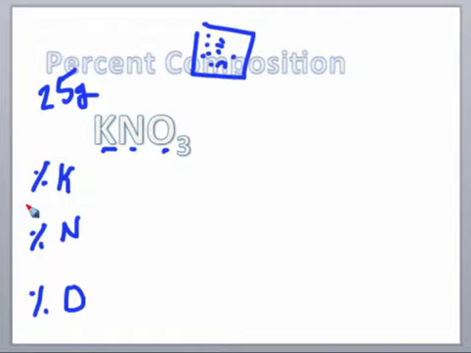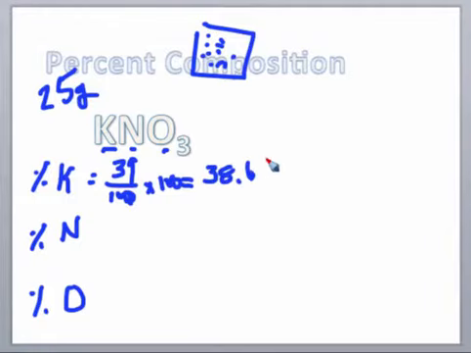So to figure out our percent potassium, we took the potassium part, which is 39, over the total molar mass, which is 101, times 100, and we got 38.6%.